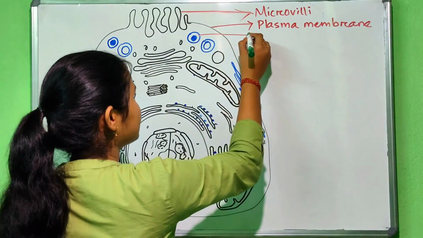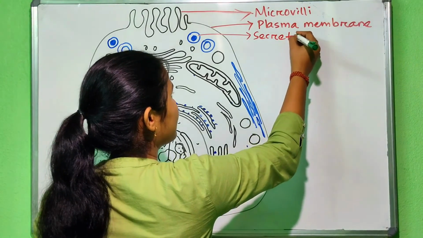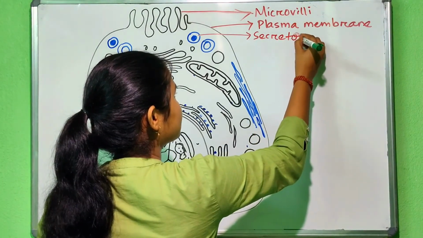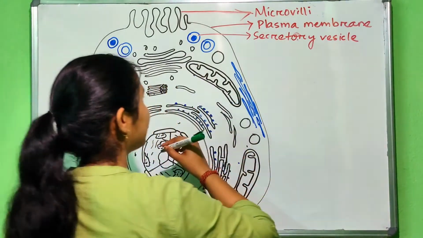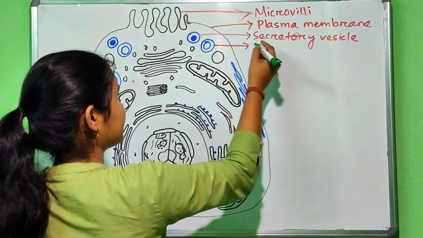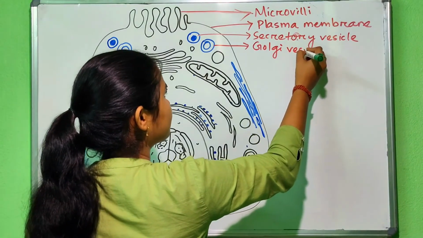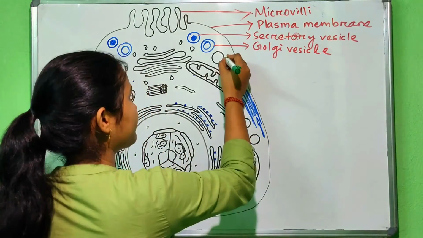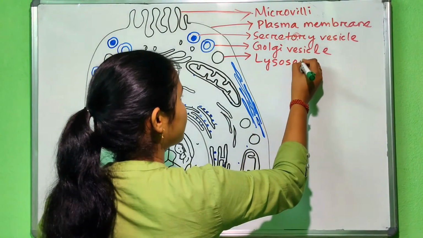This is secretory vesicle. Then this is Golgi vesicle. Then this is lysosome.